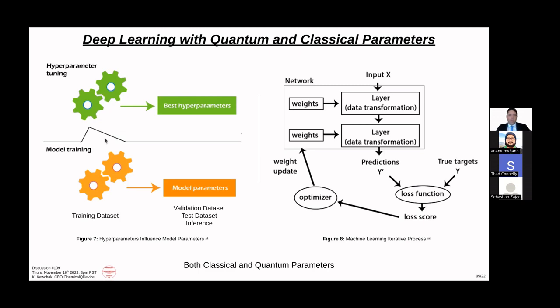They're used as a tool to make training work better, to get this end set of model parameters. And once you have that end set of model parameters frozen, you can do validation, you can do testing and inference. So that's the key, right?